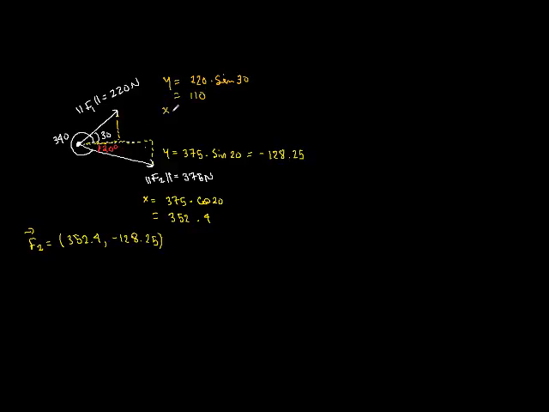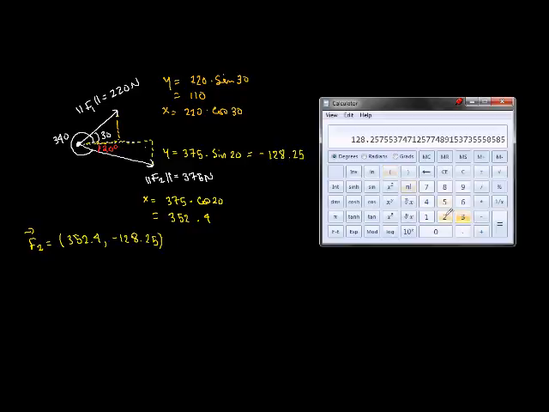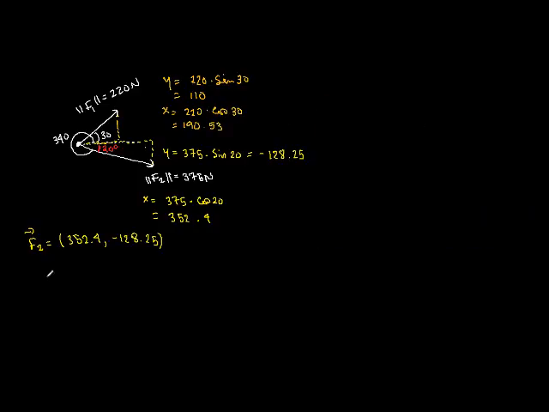And the x component is 220 times cosine of 30. Let's pull up the calculator for this. So that's 220 times cosine of 30 equals 190.53. So that's 190.53.